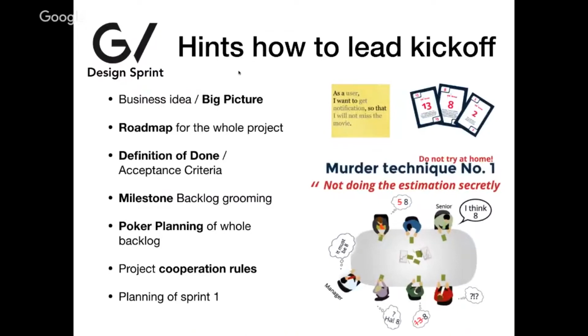Basically, every time we send them some agenda draft like this one, that they should think about big picture, roadmap, definition of done. During the kickoffs, we also go through the milestone, backlog grooming, poker planning, and so on. So we found a way to improve this.